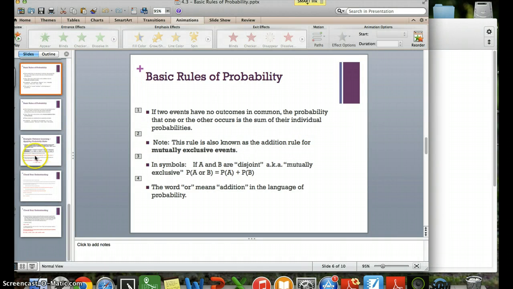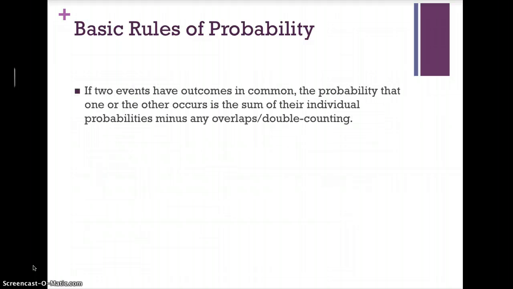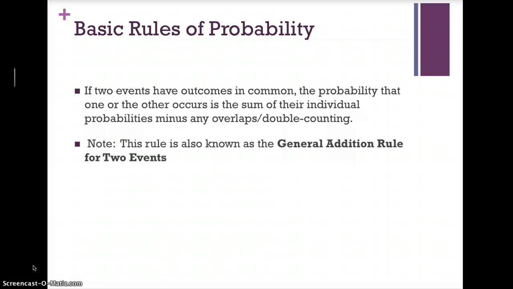Okay, and now I believe is the last rule for now. If two events have outcomes in common, the probability that one or the other occurs is the sum of their individual probabilities minus any overlaps or double counting.